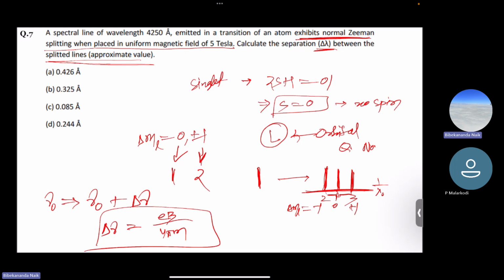Using this eB by 4 pi m as delta nu, and we know nu is equal to c by lambda, that implies delta nu will be minus c by lambda square into delta lambda.